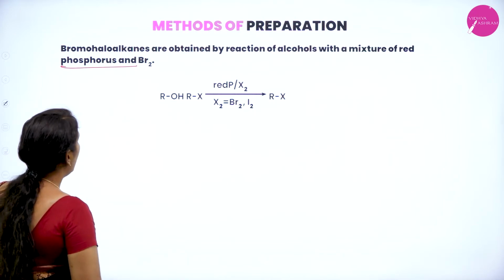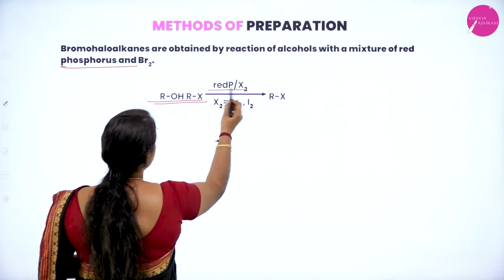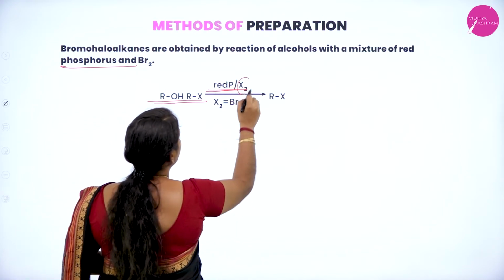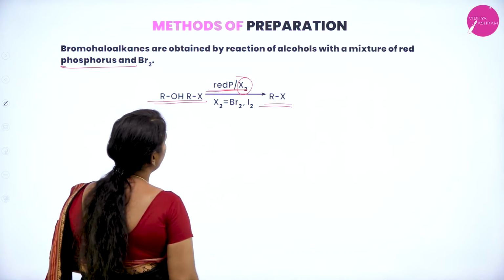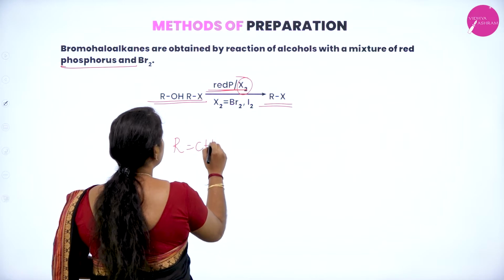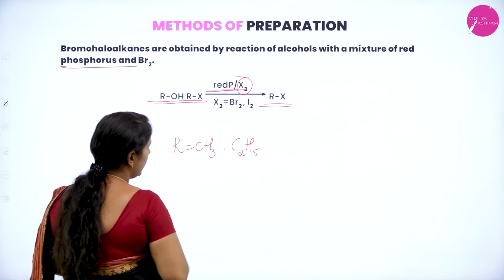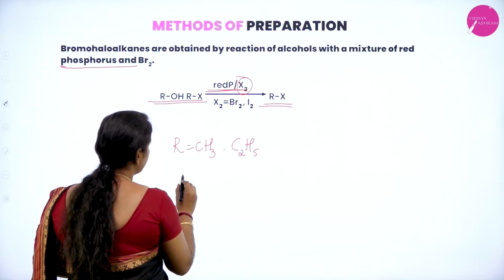Okay. So how to write this reaction? See here we have an alcohol which has been treated with red phosphorus in presence of what? Dihalogens to form what? RX. So how can we rewrite this reaction? By considering again R with CH3 or you can say C2H5. You can take anything. So I'll go with the CH3 first.